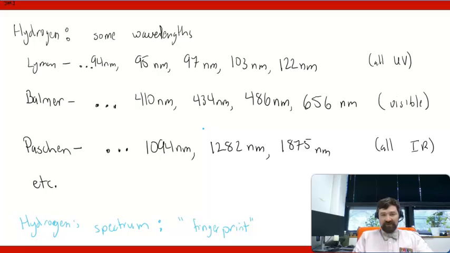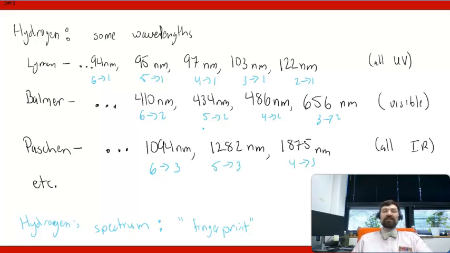This one right here, so this would be 6 to 2, this would be 5 to 2, 4 to 2, and 3 to 2. This is 6 to 1, 5 to 1, 4 to 1, 3 to 1, and 2 to 1. And then down here, this would be 6 to the third state, 5 to the third state, and 4 to the third state.